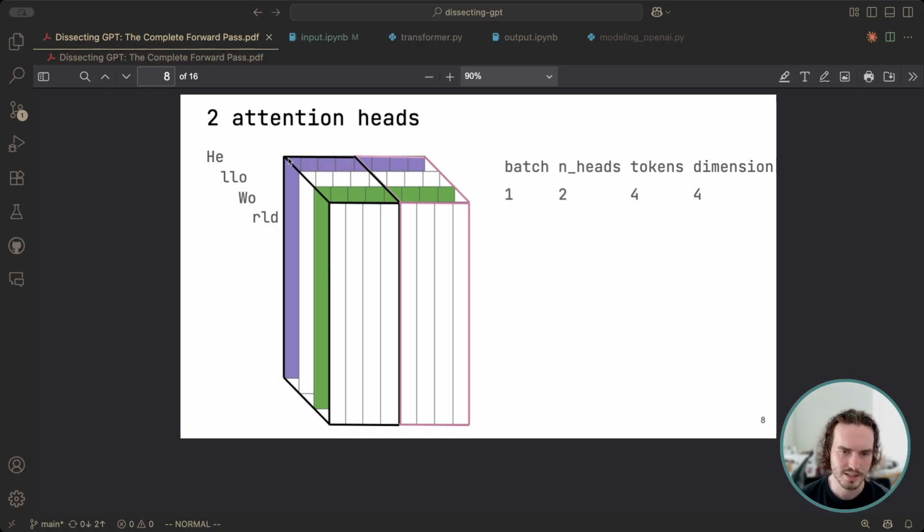So this attention head gets to see all of our tokens. It's just looking at a different sliver of their embeddings. And then the same is true for this pink box. So each head is looking at a different sliver of our representation.